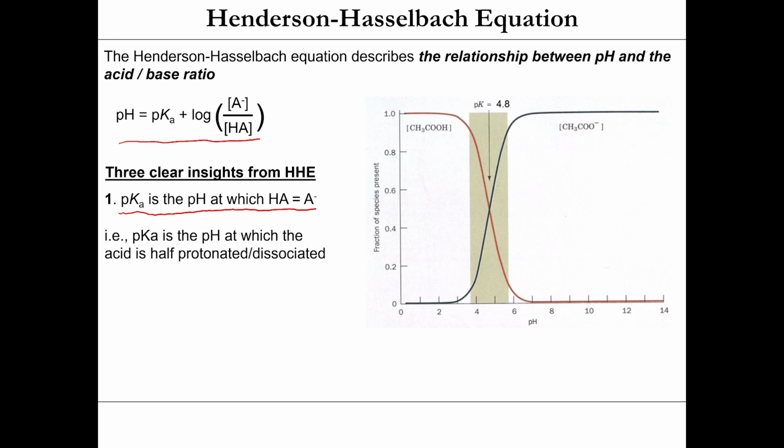And this makes perfect sense because if we look at our equation, pH equals pKa plus the log of the conjugate base over the acid concentration. If we make the conjugate base and the acid concentrations the same, this is going to be log of 1, which equals 0.